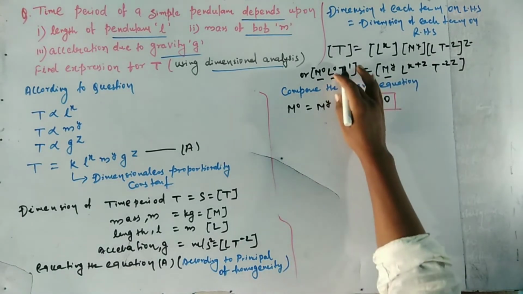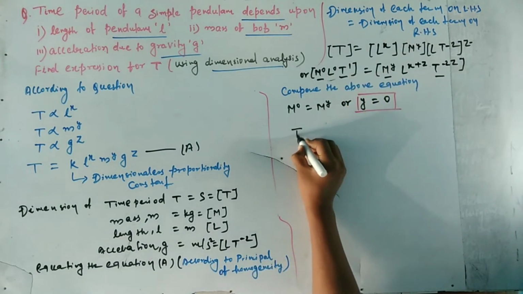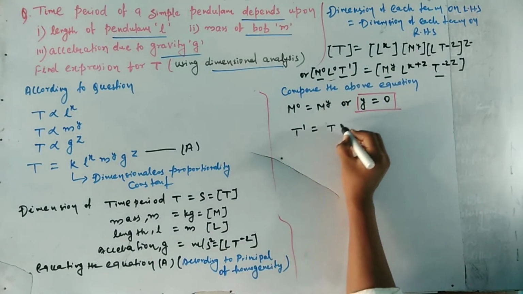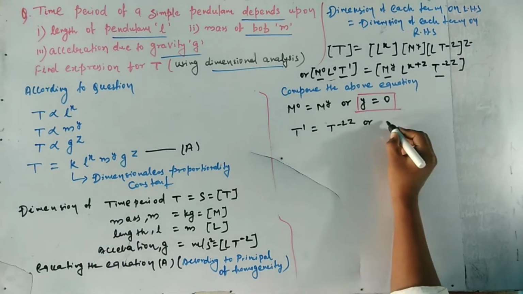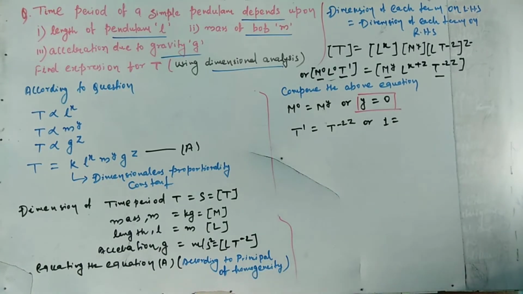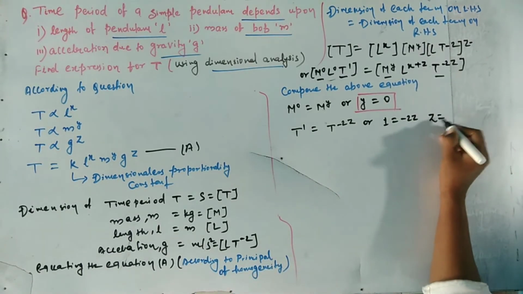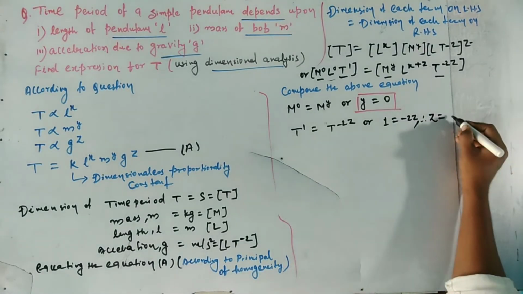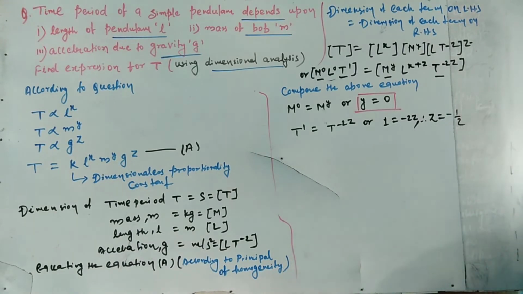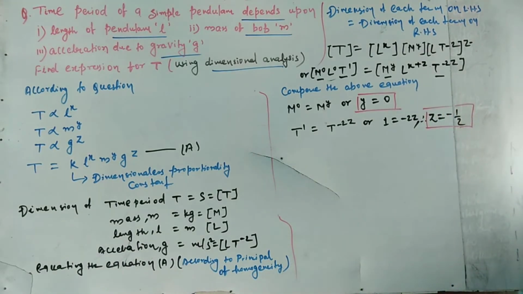Next we compare the term of T. T to the power 1 equals T to the power minus 2z. T cancels, then 1 is equal to minus 2z. Therefore z is equal to minus 1 by 2.